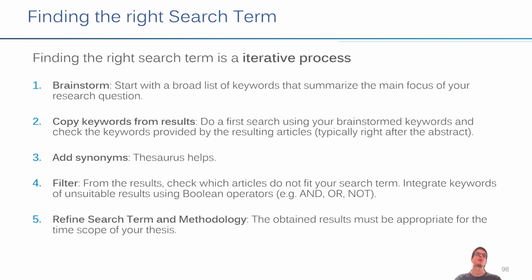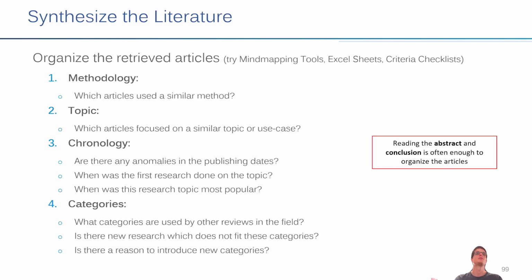Great. So you have your search term and you obtained your papers. What to do next? Yeah, you synthesize the literature. You organize the retrieved articles, and you can do this either by using mind mapping tools. And then if you see, okay, there's a subtopic, maybe I put it at the right of my screen, related to one buzz term or buzzword.